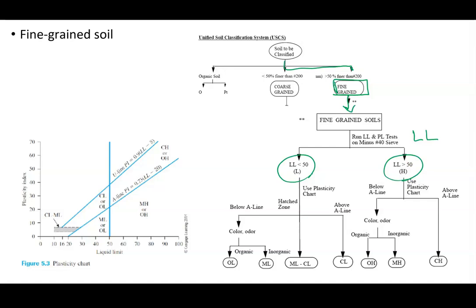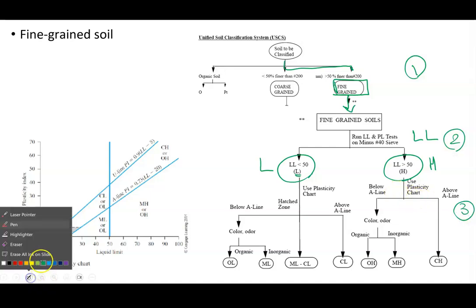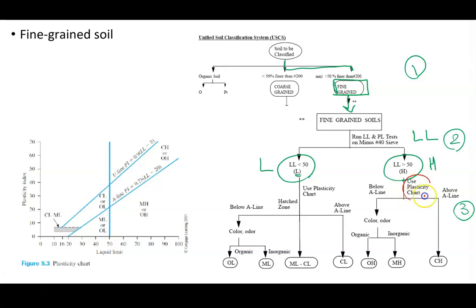If it's less than 50%, we have low plasticity, we will use L. If it's more than 50%, we will use H. Then in step 3, you need to use the plasticity chart to see if it's silt or if it's clay. Also, you need to answer the question of whether the soil is an inorganic material or not.